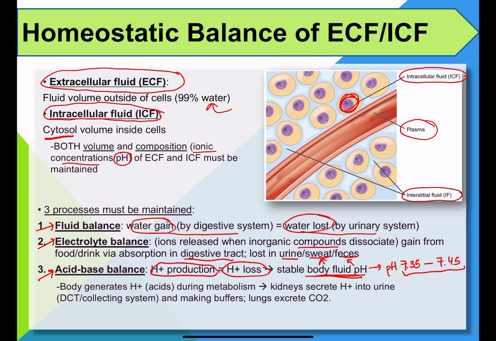Now, our body can also generate hydrogen ions during metabolism, as we learned in the previous chapter about metabolism. How we get rid of those hydrogen ions is mainly through the kidneys, which can release hydrogen ions into the urine through your DCT or the collecting system, or we have a buffer system in the body that helps us regulate our pH and make sure that our hydrogen ions do not get too high or too low.